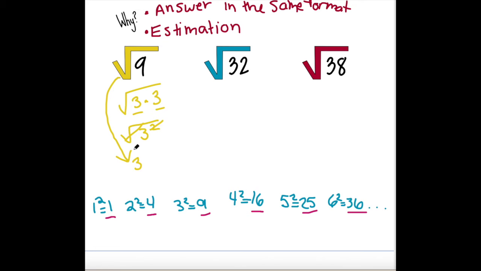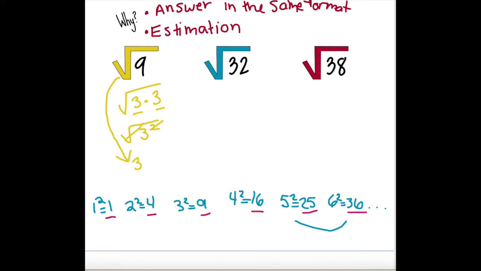Now let's take a look at what happens if the number underneath our square root is not a perfect square. In our middle example, 32 is underneath our square root, and it is not a perfect square. It's going to be somewhere between 5 and 6 because 32 is between 25 and 36.